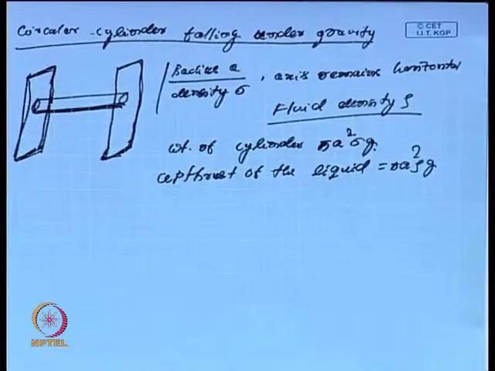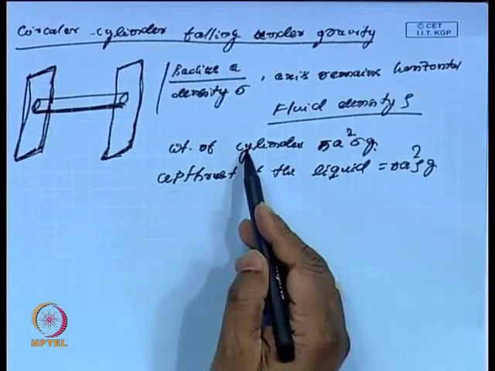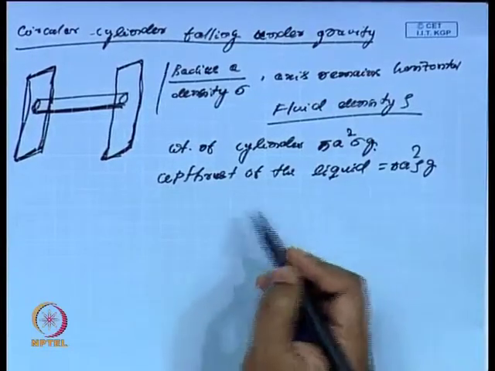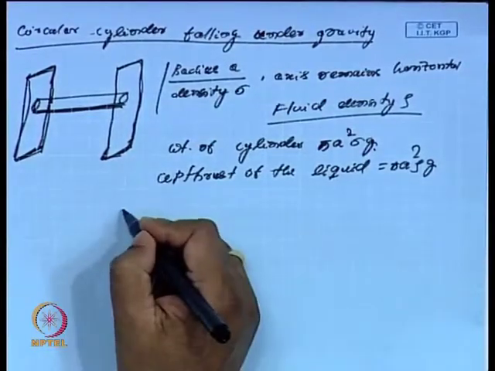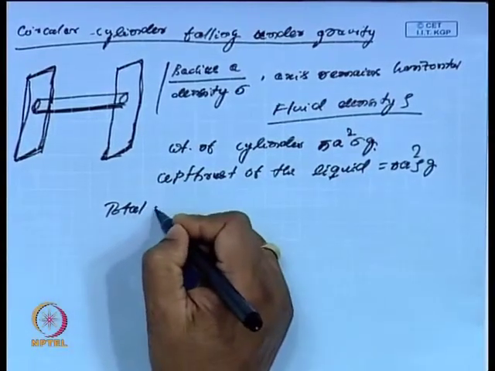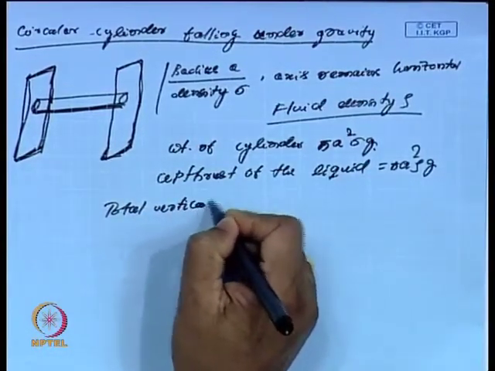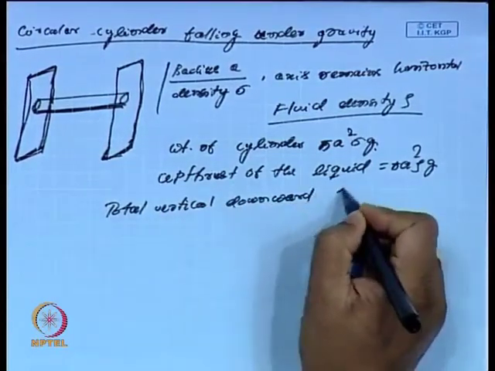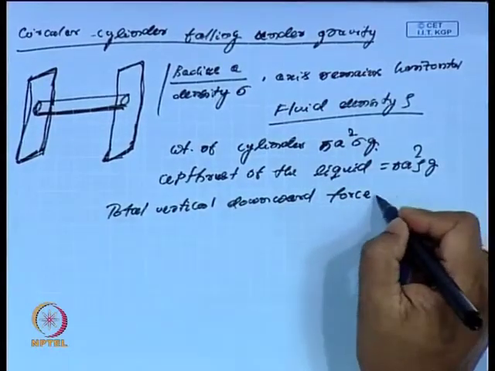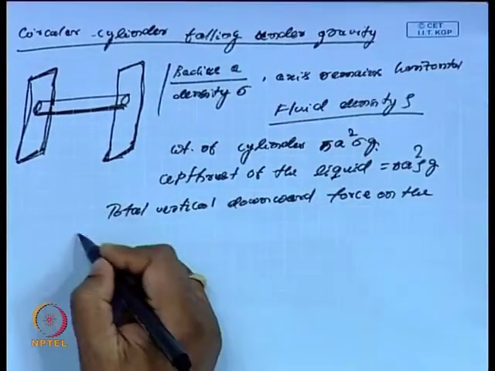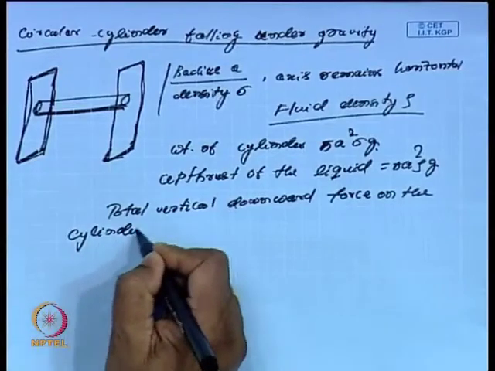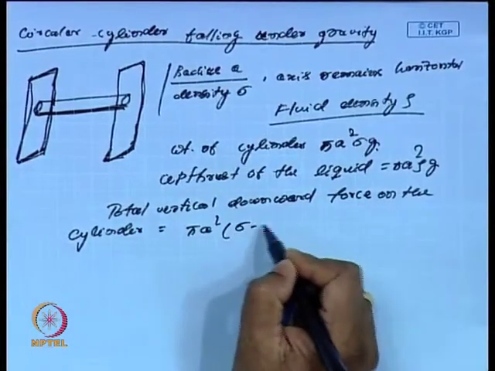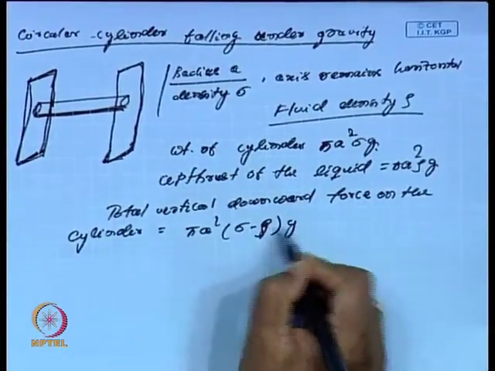This weight is always trying to bring the cylinder down, whereas the upthrust is trying to push it up. So, what is the total vertical downward force on the cylinder? It will be pi a square into (sigma minus rho) into g.